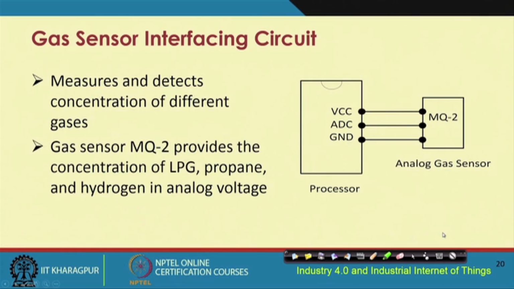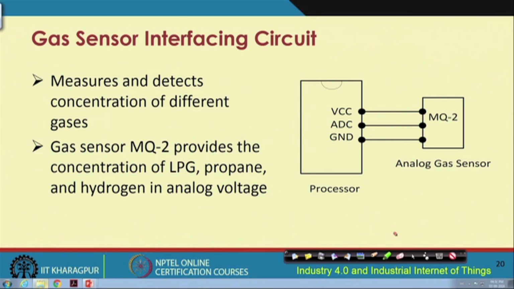Then we have another sensor which is also very common for industrial use, which is the gas sensor, and there are different variants of gas sensor. This MQ2 is a very commonly used gas sensor for industrial applications. It is an analog gas sensor. Here we have 3 pins only.